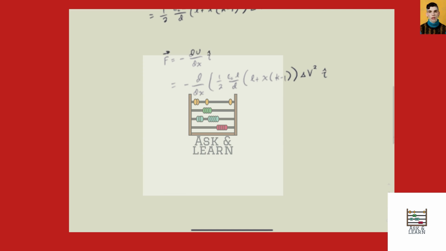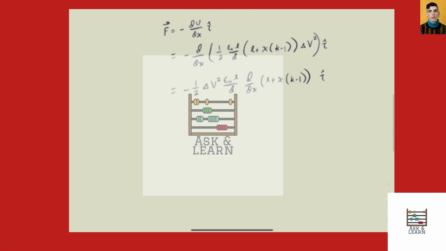So we can take out all the constants first of all. So this is minus 1/2 delta V squared epsilon naught L over D. And then now we're taking d by dx of L plus X times kappa minus 1.